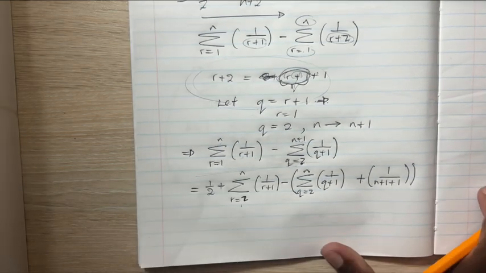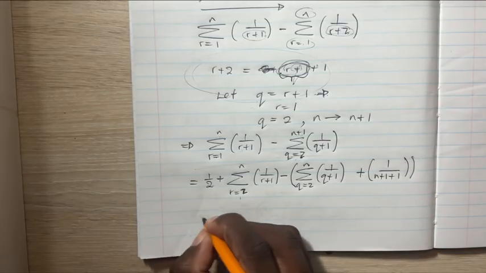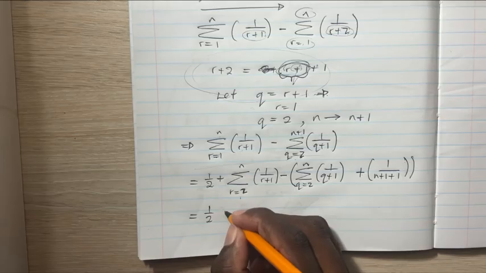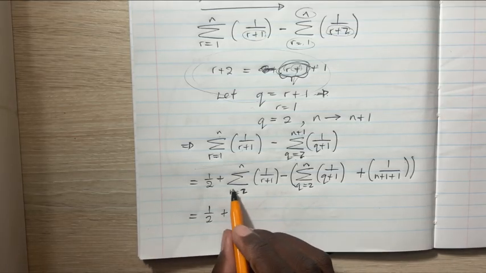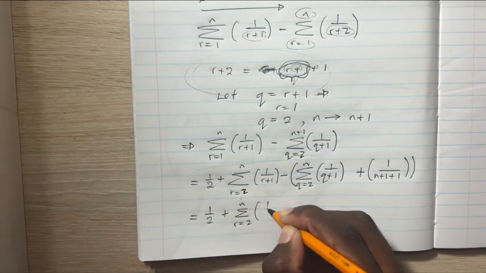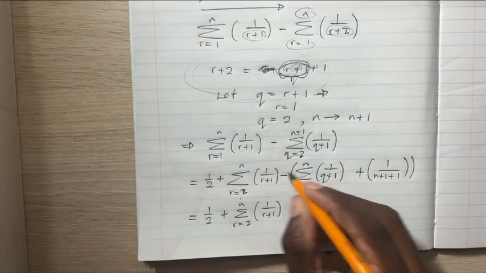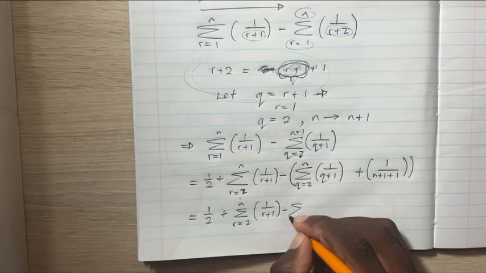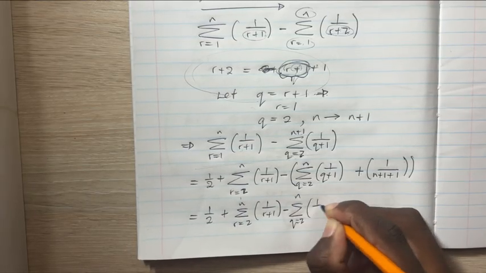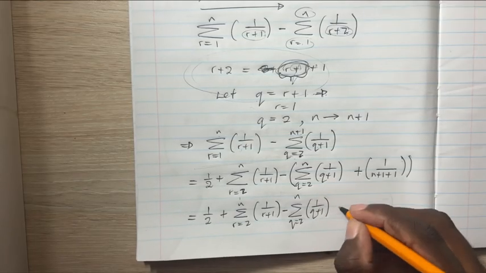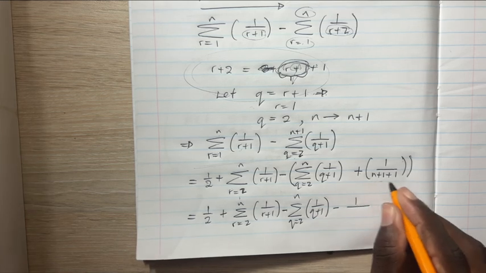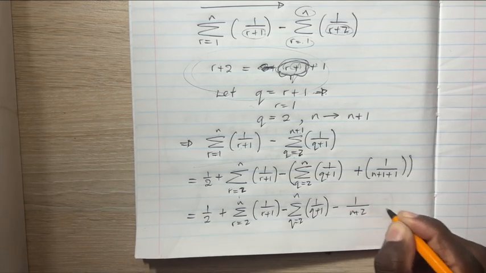Right, this is what we have. So we have the half there, plus this guy, sum r equals 2 to n, 1 over r plus 1. Distribute the negative sign. You have negative sum to n from q equals 2 of 1 over q plus 1 minus, this negative sign goes there as well, 1 over n plus 2.